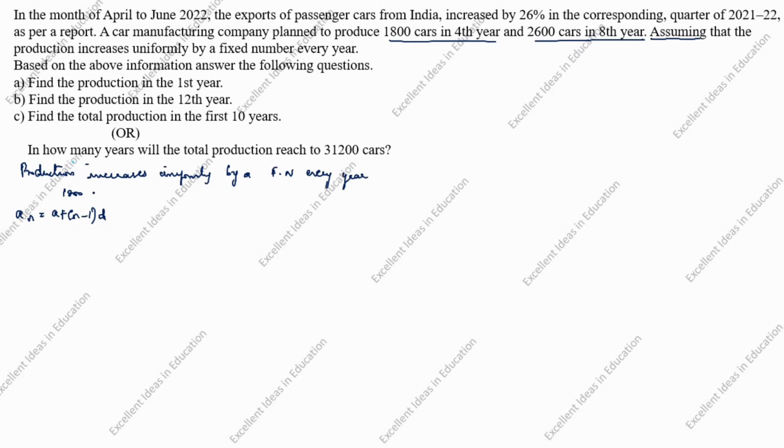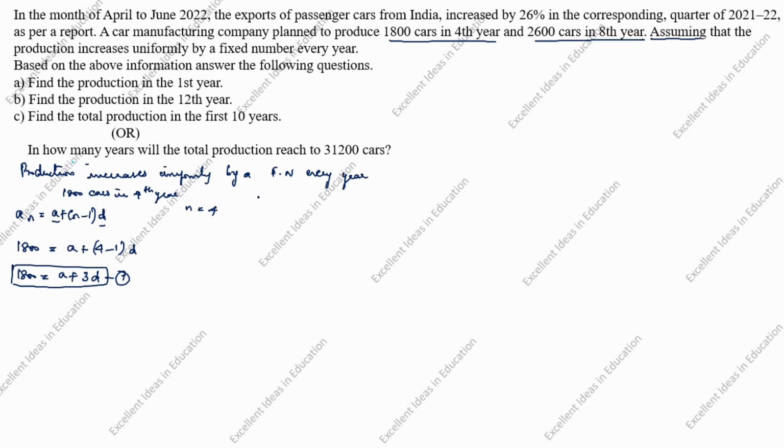We will take 1,800 cars in the 4th year, so n is 4. a and d values we don't know. a_n is given as 1,800, equal to a plus (4 minus 1) into d. 1,800 is equal to a plus 3d. We will take this as the first equation.